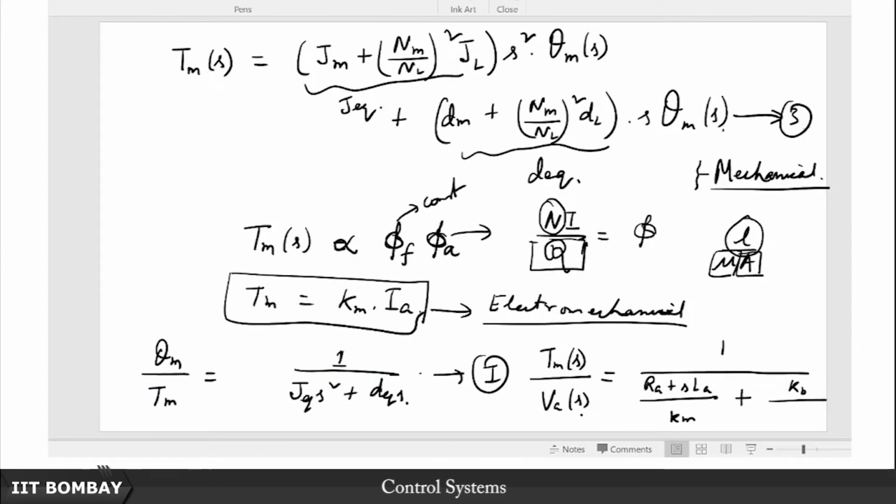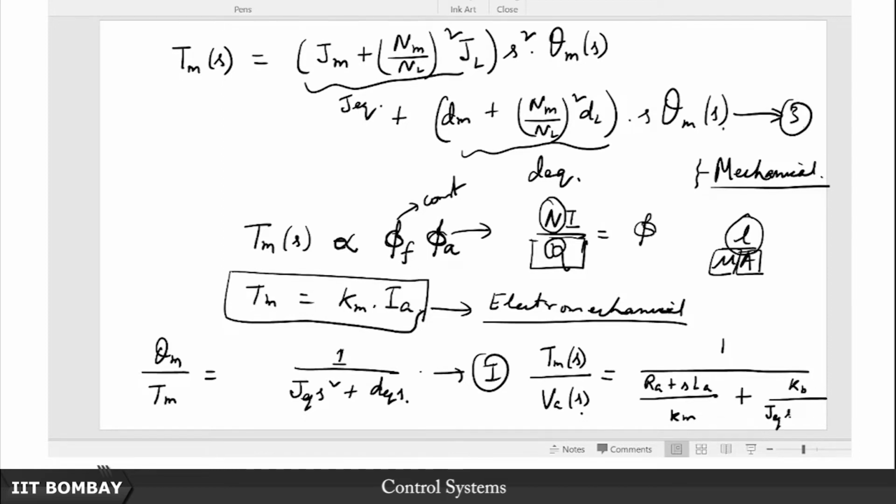This is Kb divided by, of course it was Kbs divided by Js squared plus Ds, so one s cancelled out, so it was J equivalent s plus D equivalent, all right. Okay, so now that we have got these, let us call this Roman 2.